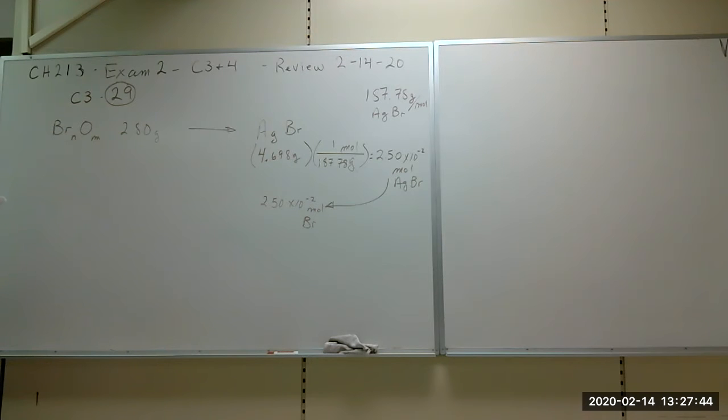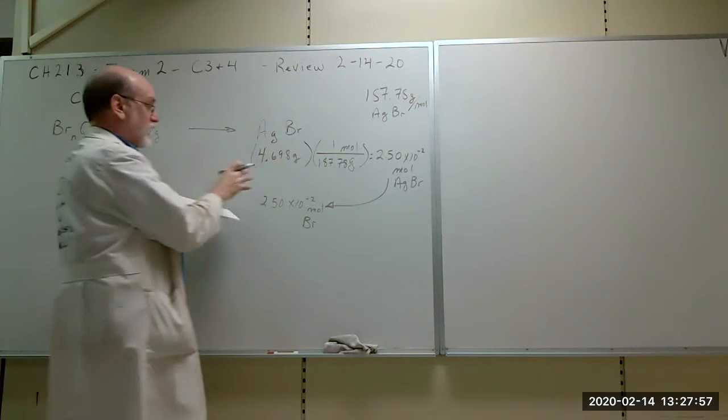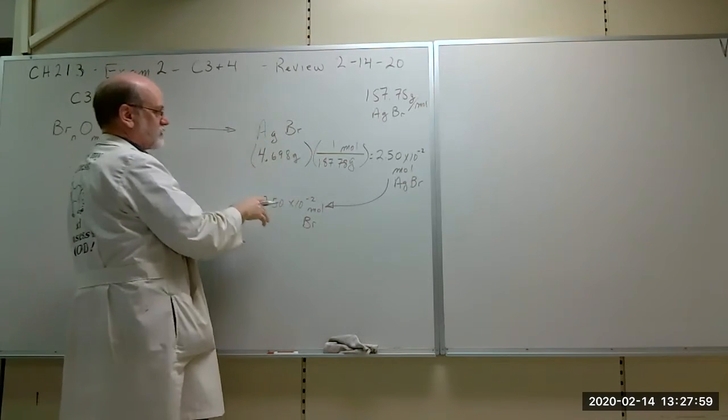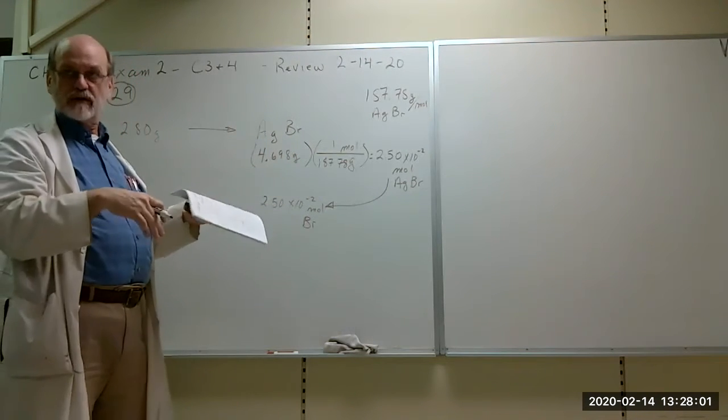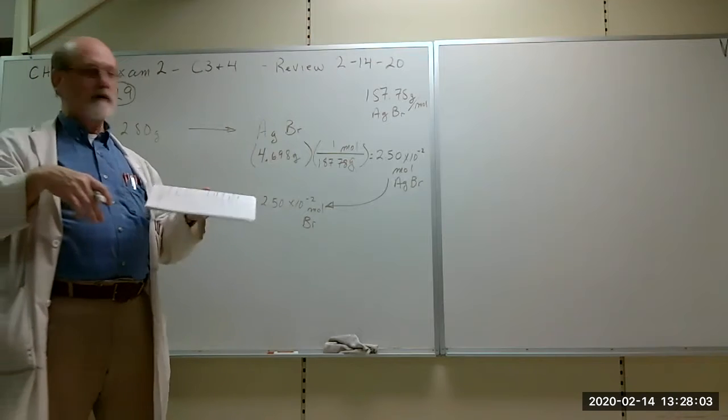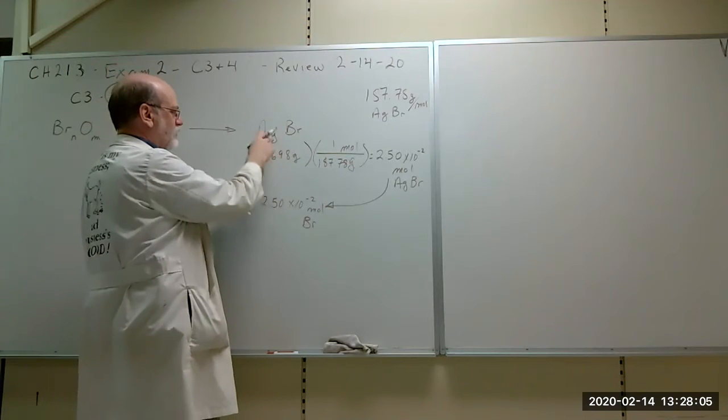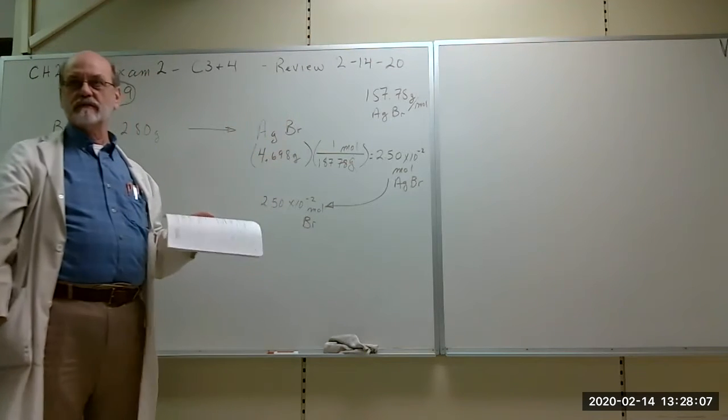Would you not have to divide, wouldn't it be half of the molar mass of the compound to get bromide by itself? Uh-uh. Well, this calculation, suppose we didn't care. Suppose the question was, if you have this mass of silver bromide, how many moles do you have?